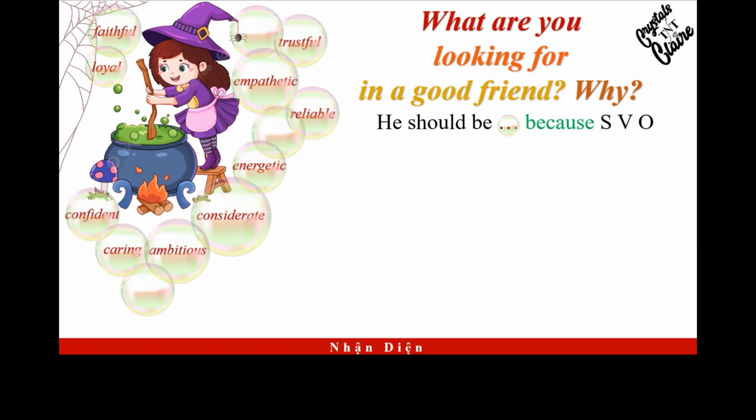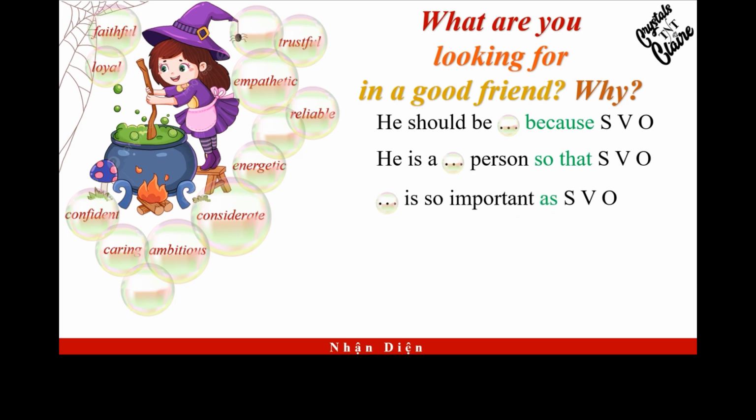He should be faithful because I don't want lies. He is a loyal person so that he will never betray me. Empathic is so important as I want somebody to understand me.